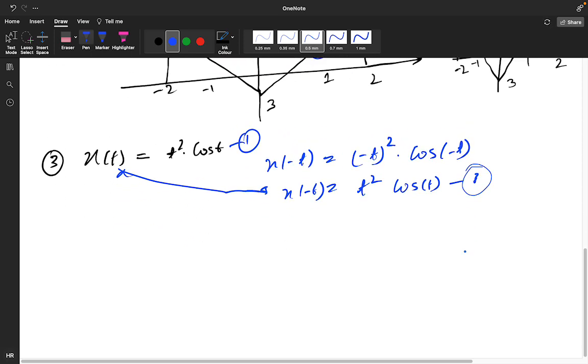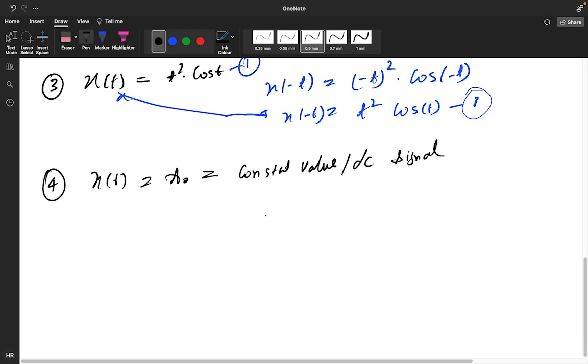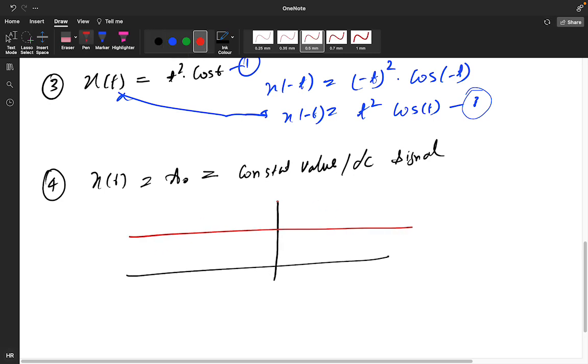Fourth example, write the fourth example. Suppose you have x of t equal to some constant a naught, a constant value, or a DC signal. How can we represent the DC signal? A simple straight line.